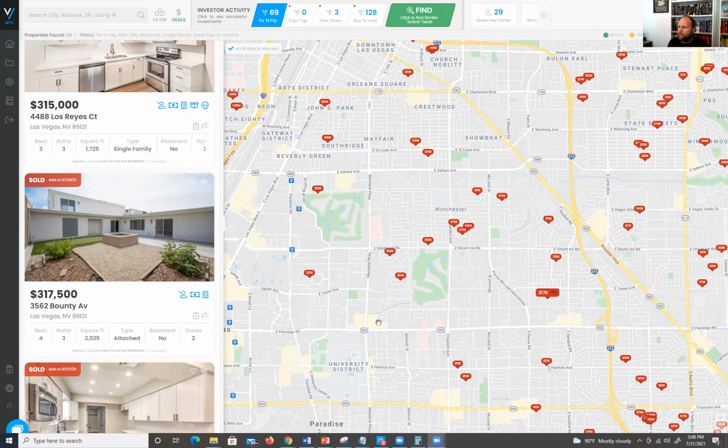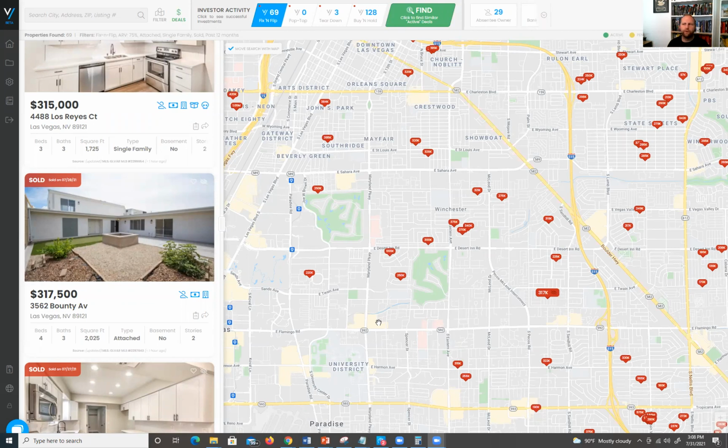And for those of you that are in the space, you know that it can be a very big deal to get MLS data. Why is it a big deal? Well, if you are wholesaling or fix and flipping, you need to determine your ARV, right? Your after repair value. And what that means is, what is the property worth once you fix it up?